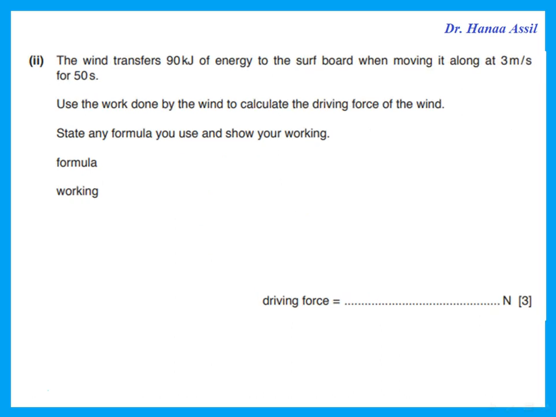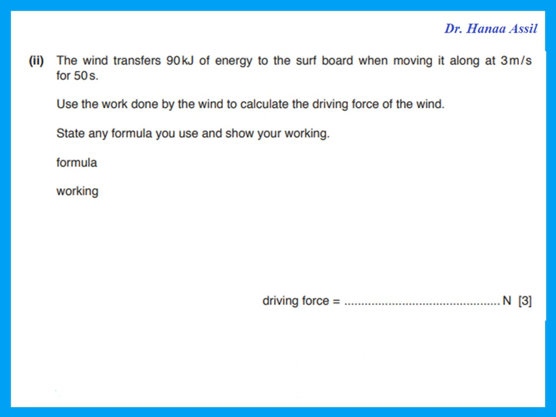The wind transfers 90 kilojoules of energy to the surfboard when moving it along at 3 meters per second for 50 seconds. Use the work done by the wind to calculate the driving force of the wind. State any formula you use and show your work.